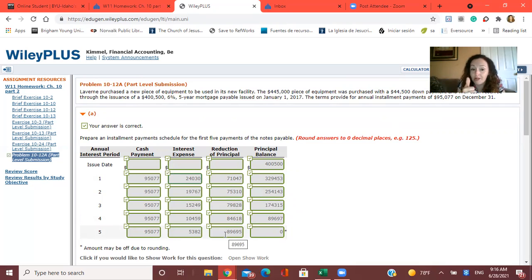And the principal reduction is the same amount as the balance, and at the end of the year, we have $0 due to the bank.